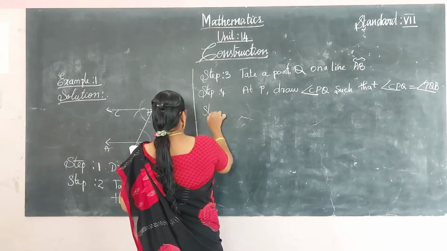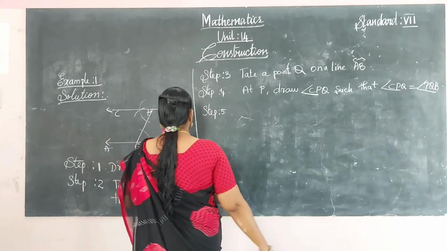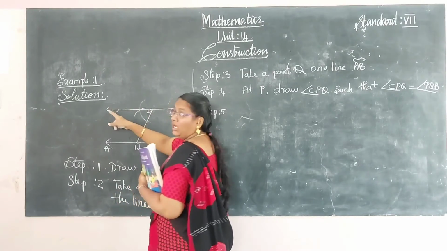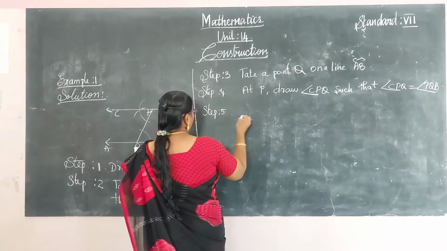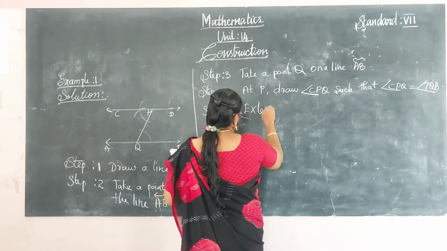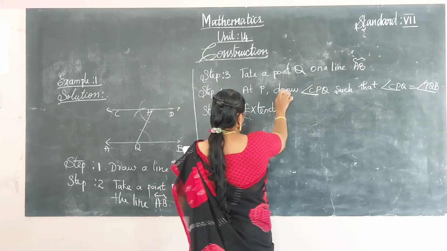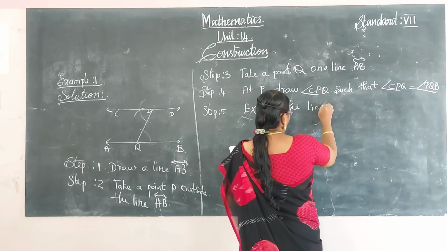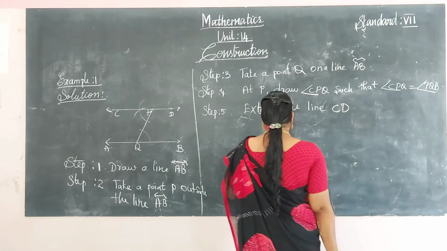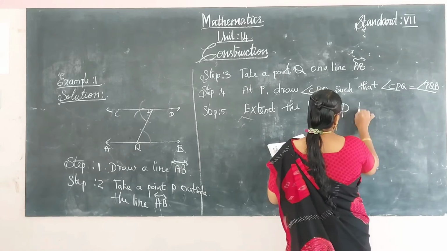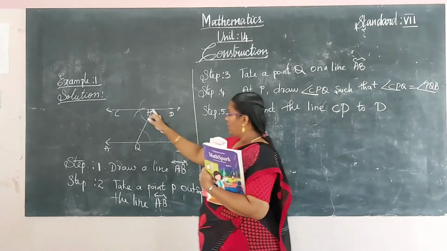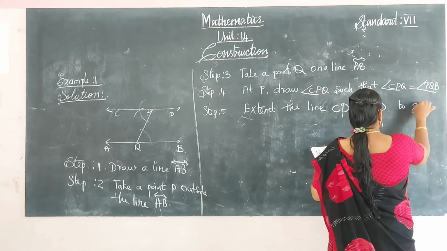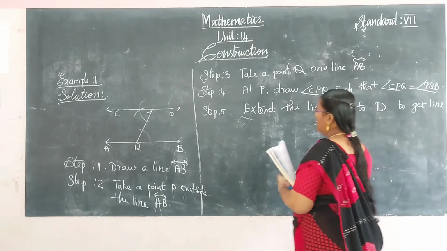And step 5: extend the line CP to D to get the line CD.